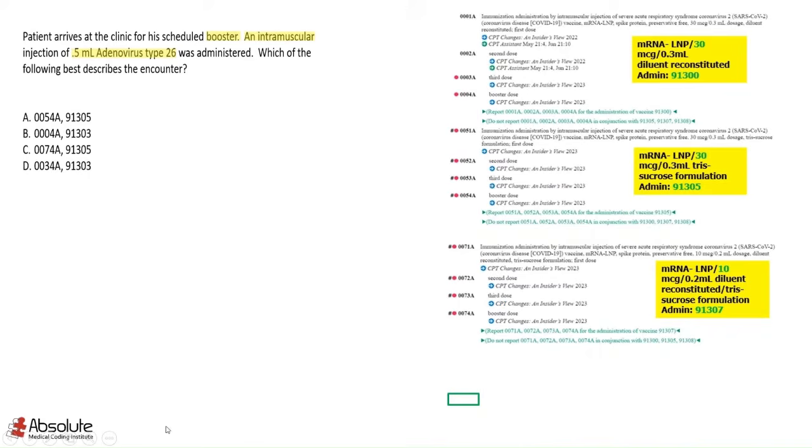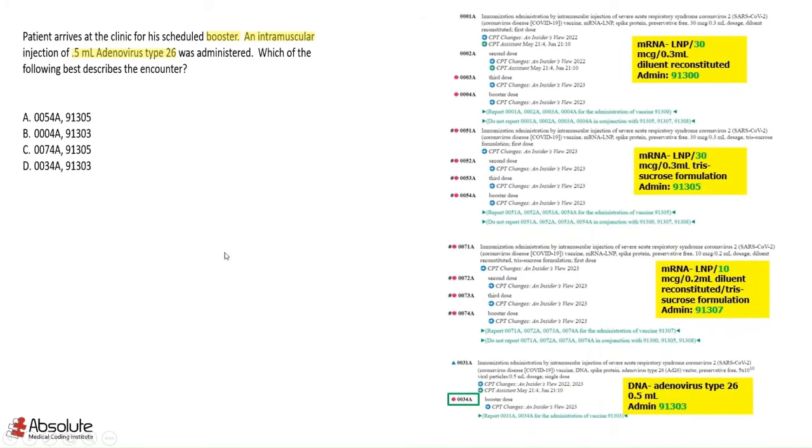You can see the different types of vaccines that have been used. The first three are for an mRNA type vaccine, and the last ones, 0031A and 0034A, are for a DNA type vaccine, a DNA adenovirus type 26 vaccine.